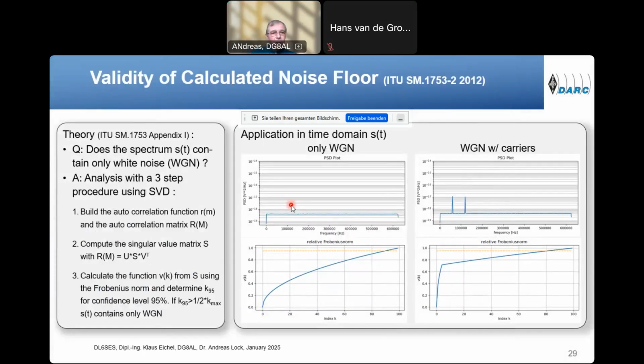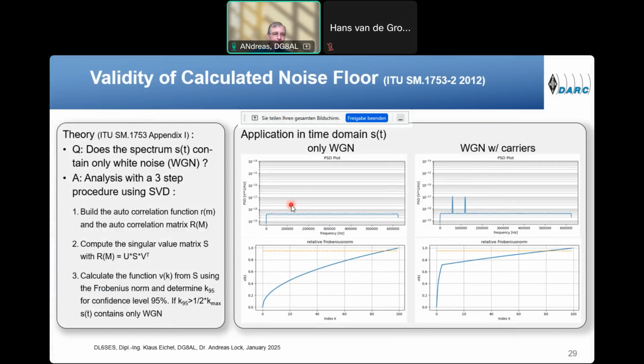This I will skip, because ITU also provided a procedure where we can check if a channel, a frequency, is carrier free. This is a very complicated mathematical procedure.